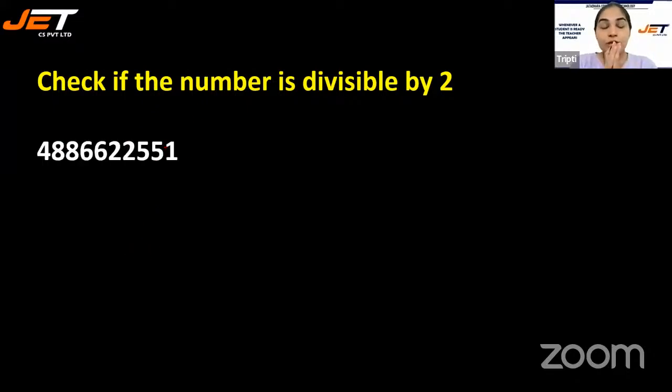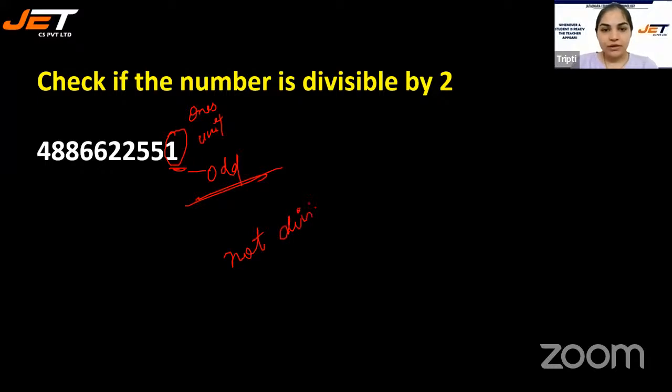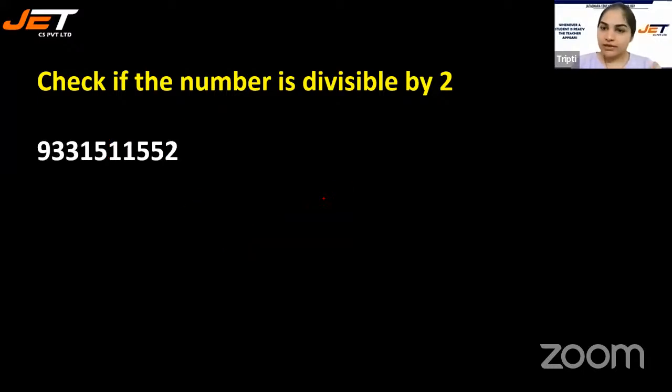Check for this. Don't even think, oh God, this number is so big. How can we check? No need to worry. Just look at the last digit, that means the ones place or the unit place. One is there. Okay, so it's an odd number. That means it's not divisible. You just need to see whether the unit place is even or odd. If it's even, it is divisible by 2.